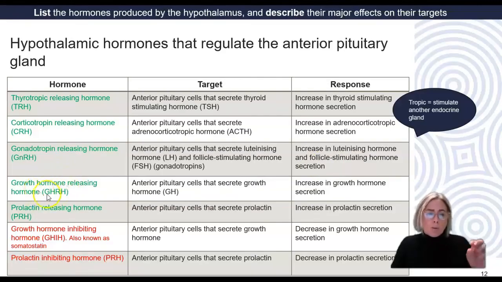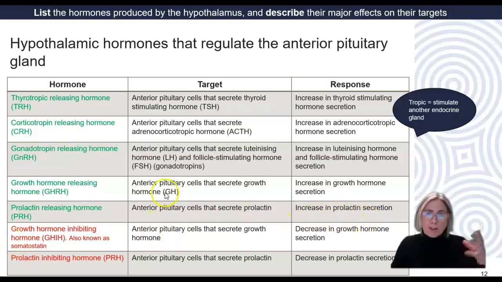We have growth hormone releasing hormone, and it stimulates anterior pituitary cells that secrete growth hormone. So again, the response to that releasing hormone is an increase in growth hormone secretion. Similarly, prolactin releasing hormone, or PRH, targets specific anterior pituitary cells that secrete prolactin to increase prolactin secretion.